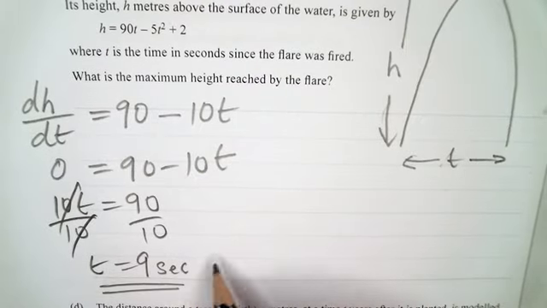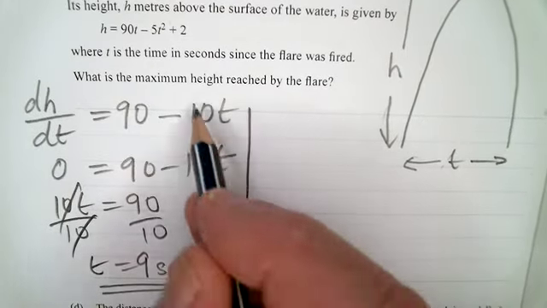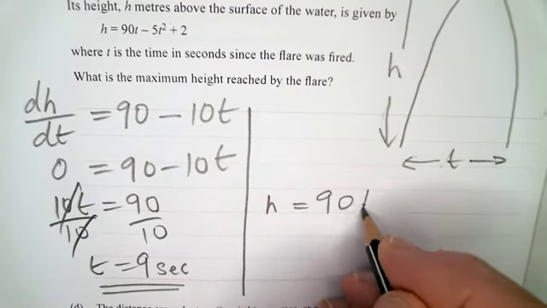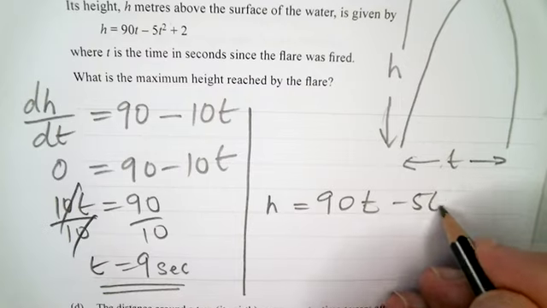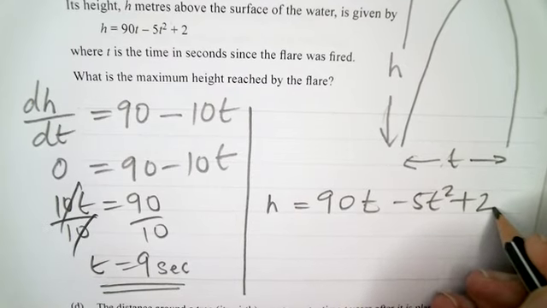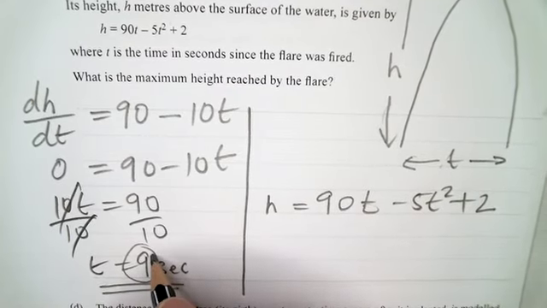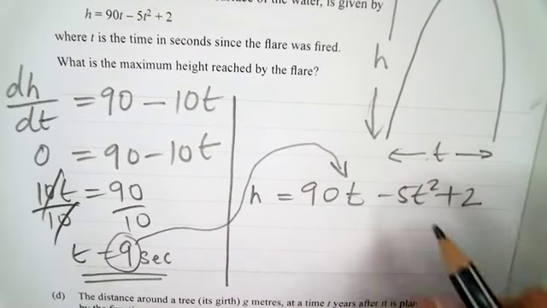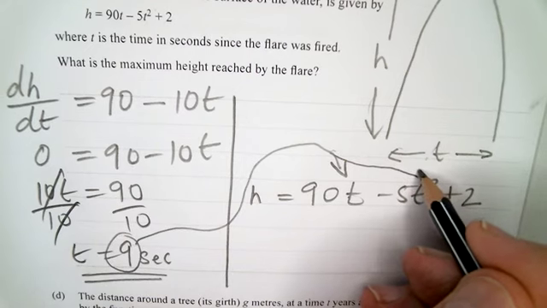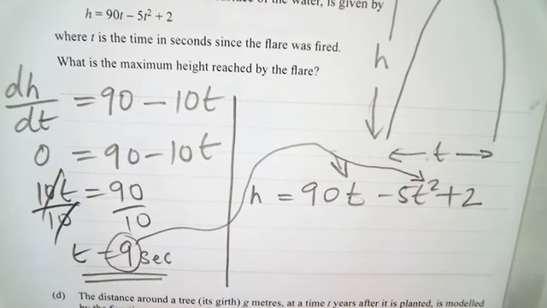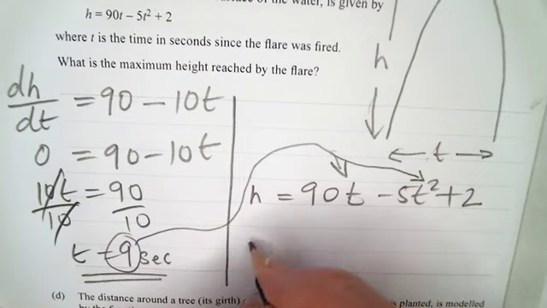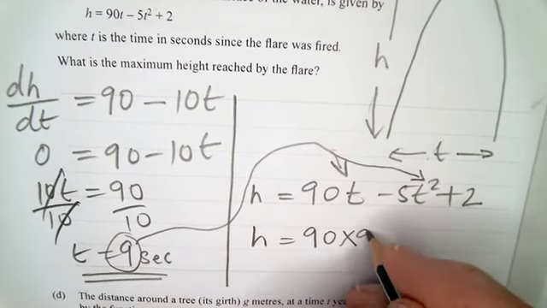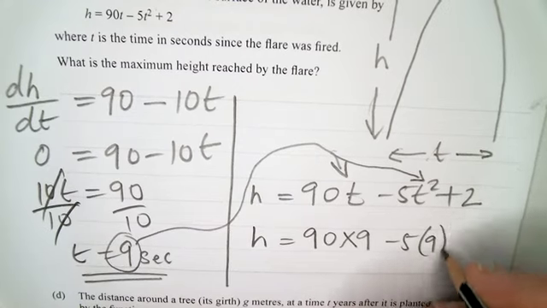Well, we know it takes 9 seconds, so if we go back to that equation, h is equal to 90t minus 5t squared plus 2, and we substitute in that 9 for t, then we're going to find the height. So h, therefore, is 90 times 9 minus 5 times 9 squared plus 2.